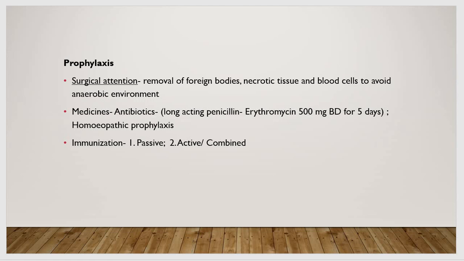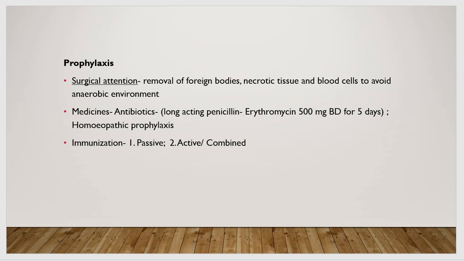So these have to be removed surgically. In allopathy they are giving erythromycin, but homeopathic prophylaxis has its own benefits, which are very well given by Master Hahnemann. There are things written in the subject of Organon of Medicine. So homeopathic prophylaxis should be done by those guidelines.